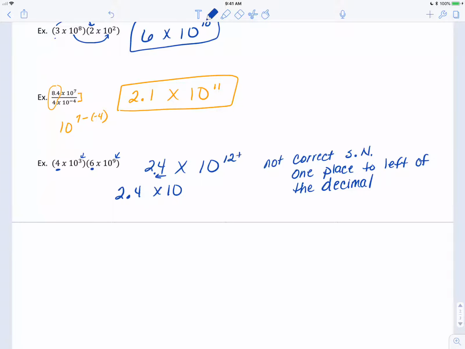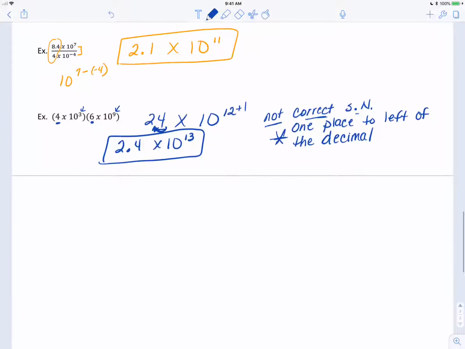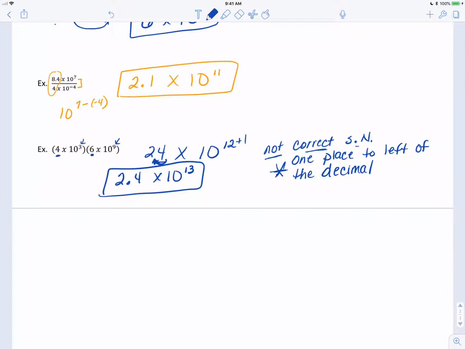That means we've got to say plus 1. So that becomes 13. Okay, so that's not too bad. Just remember that's sort of the key, is that it is not correct scientific notation unless there is only one place to the left of that decimal. So good luck on that homework. It should be pretty easy.